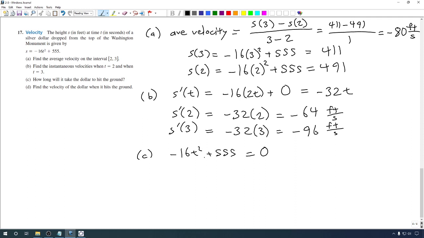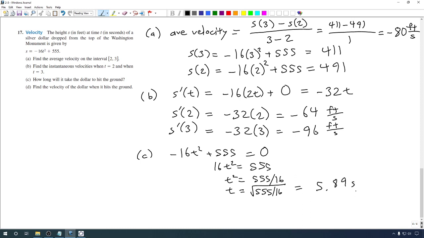If we go ahead and solve for t, of course here we have 16t squared is equal to 555. These two have to be equal to each other if their difference is equal to 0. We can divide everything by 16. And then take the square root. Go ahead and stick that into a calculator, and we get 5.89 seconds.